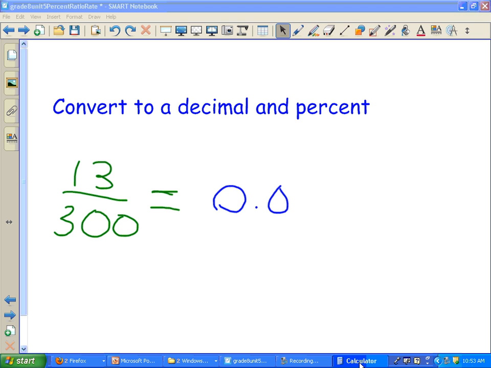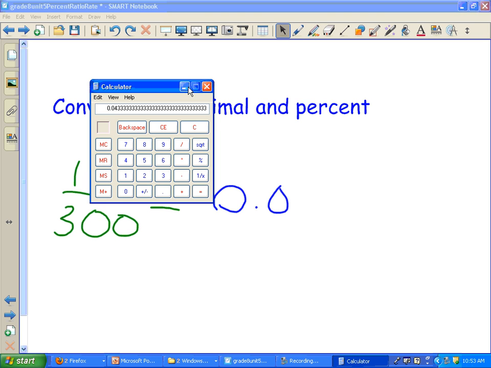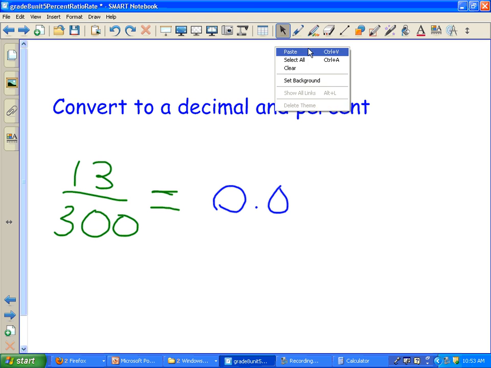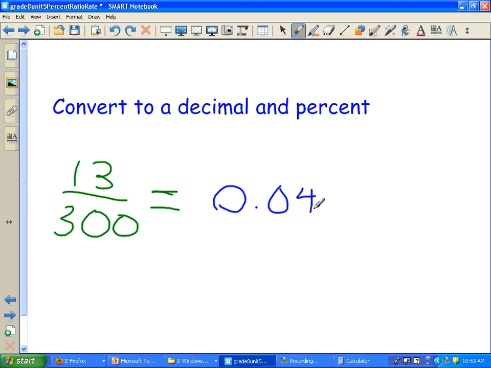I better check it again. 0.04, and then 3, repeating. All right, now we've just converted this to a decimal. Now we need to change it to a percent. To change any decimal to a percent, you have to shift it or multiply it by 100.